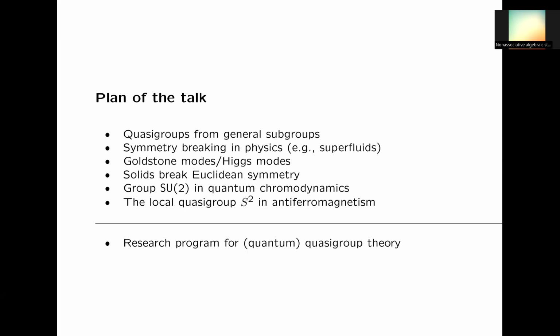And you may not have heard of antiferromagnetism, but you've probably got one of these things, a laptop with a hard drive, and antiferromagnetism is a critical technology to make sure you don't lose all your data, like I thought I was going to do a couple of nights ago. And then below the line, what does this mean as a research program for quasigroup theory and more generally for quantum quasigroup theory?